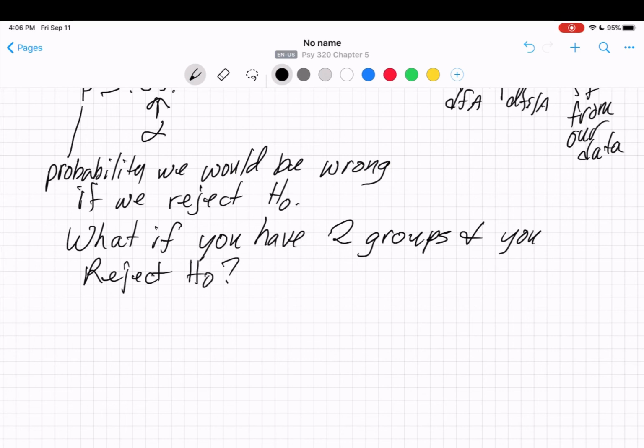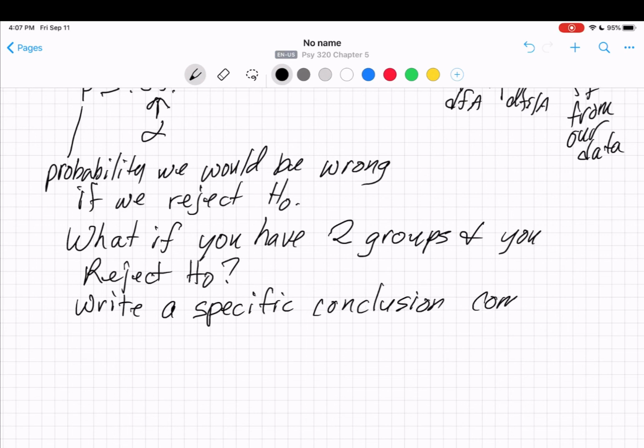Okay, so if you have only two groups and you reject the null hypothesis, you write your conclusion a little bit different. Okay, you want to write a specific conclusion comparing the two groups.